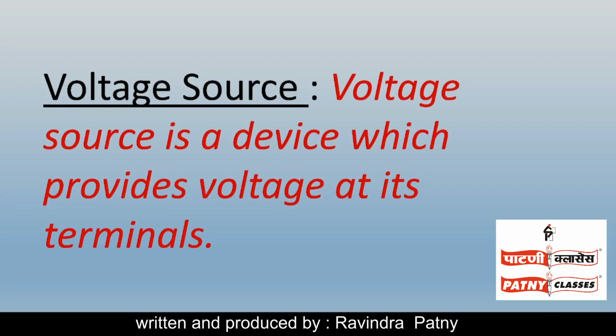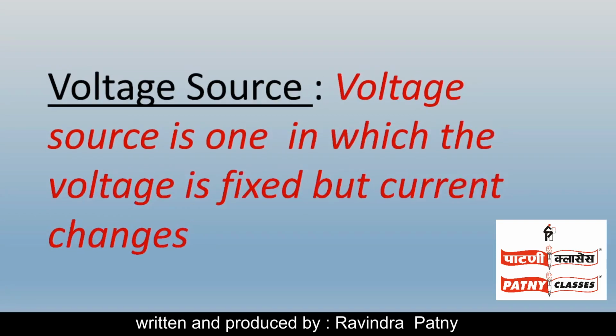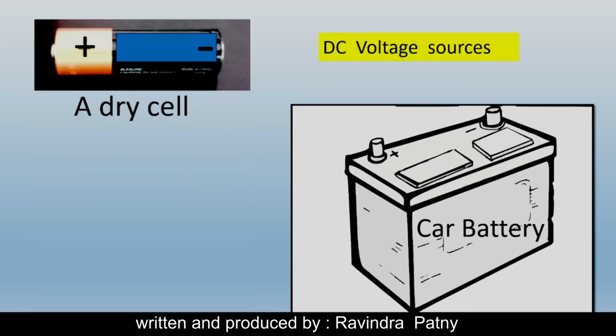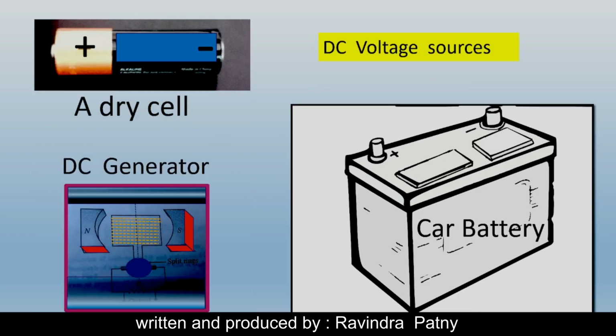Voltage source is a device which provides voltage at its terminals. Voltage source is one in which the voltage is fixed but current changes. A dry cell, car battery and DC generator are DC voltage sources.